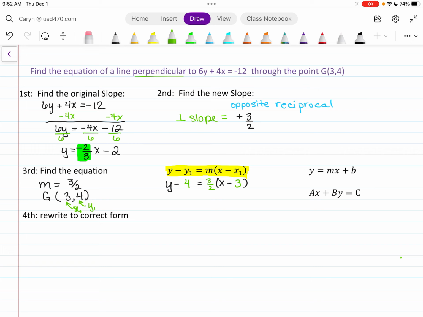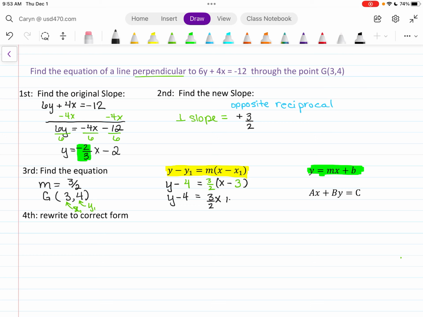So next we need to look at the directions and see how they wanted it written. What format did they want the final answer in? So if they want the final answer to be in slope-intercept form, I need to rewrite my equation so that it looks like this. So let's get rid of our parentheses by multiplying.